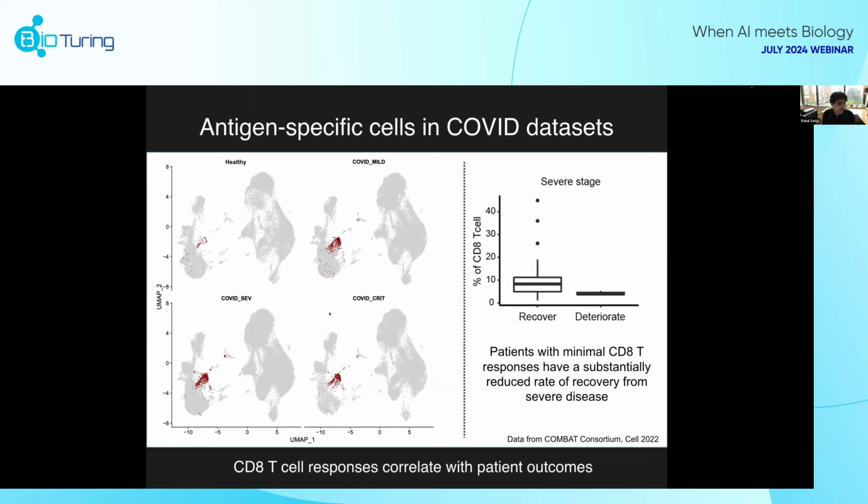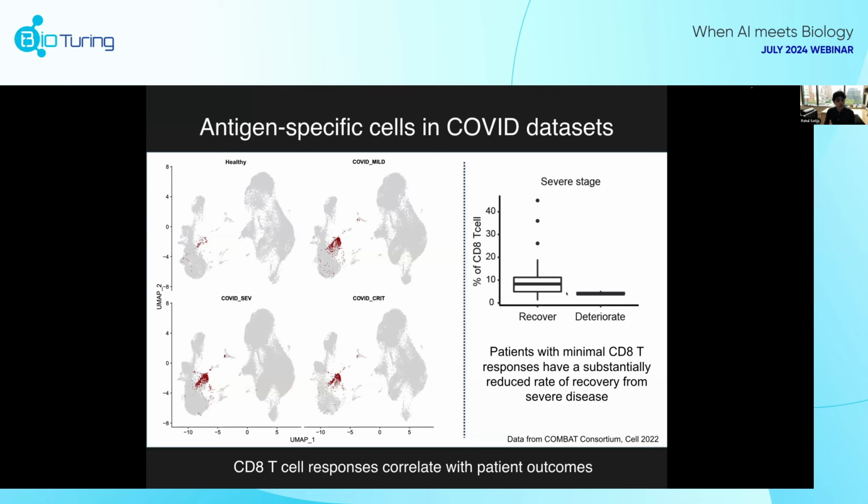But we did see something very interesting. The percentage of the cells didn't particularly correlate well with the current state of the patient, but it correlated very well with their future state. So patients that have severe or critical COVID when the sample is taken, a subset of them go on to recover, and a subset of them deteriorate further. And if we stratify patients based on their future state into recovery or deterioration, we see a very striking difference in their T cell responses and the percentage of cells that map to this antigen-specific state.